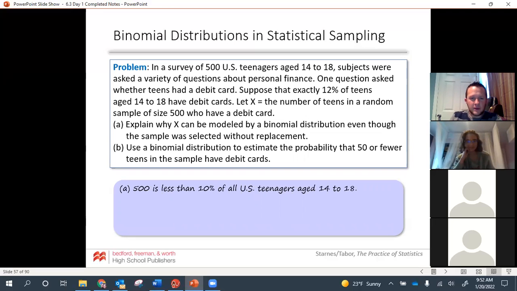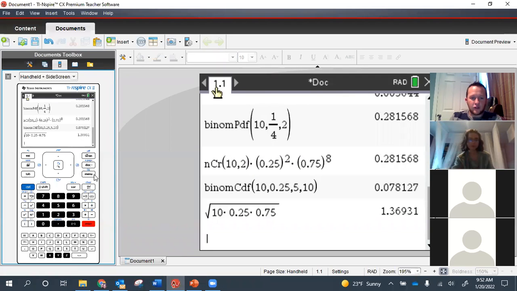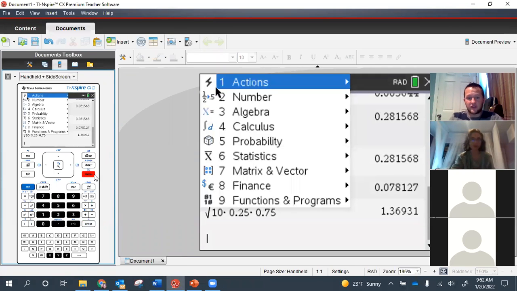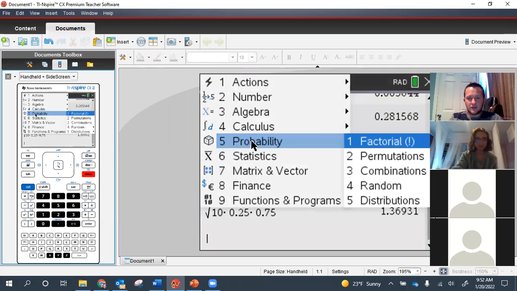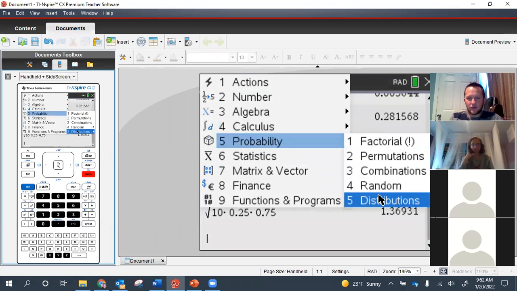Sorry, we had two people talking. Was that PDF or CDF? I'd say it would be CDF because you have 50 or fewer. So it'd be a range, a cluster of values, right? Awesome. Thank you for speaking up.